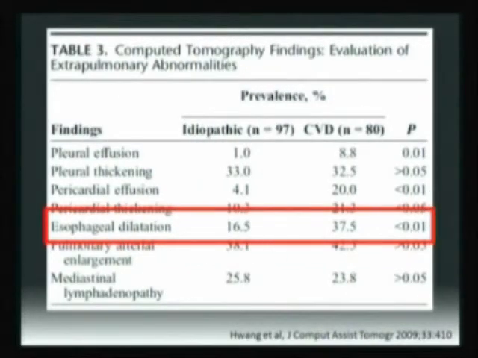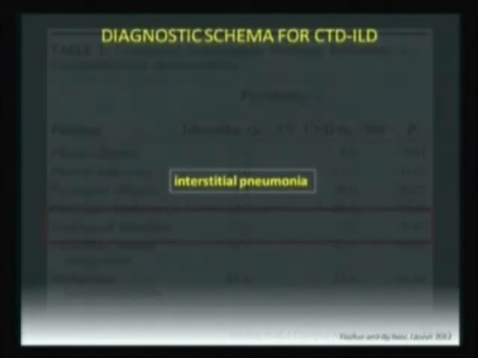Of course, esophageal dilatation, in particular in patients with scleroderma, strongly suggests it. So again, when you look at the high-resolution CT scan, don't look just at the parenchyma. You look at the pericardium, the pleura, the esophagus, because there might be some hint that the disease is not idiopathic.